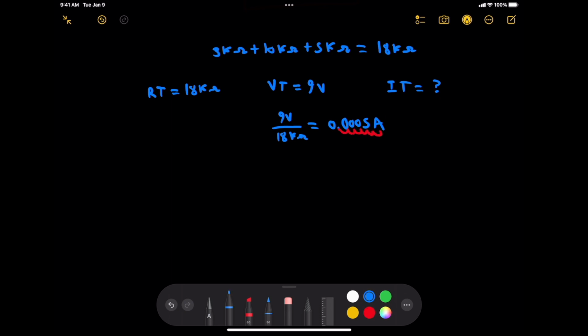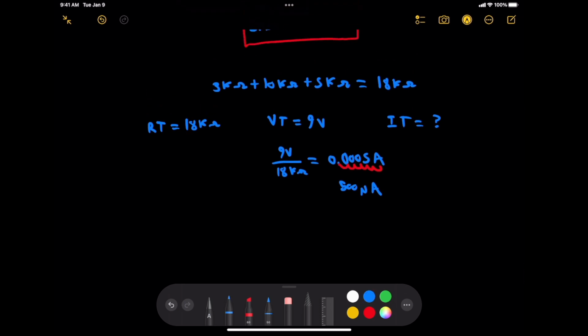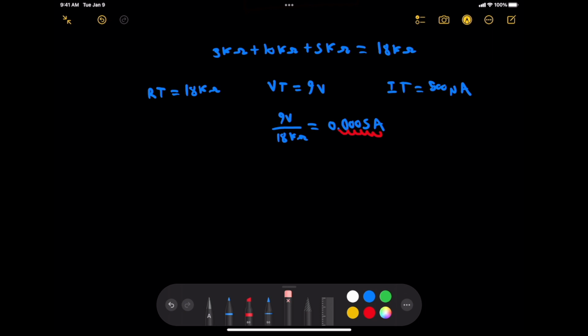It's going to be equal to 500 microamps. Okay. So that's going to be our current total. And because it's in series, each resistor is going to get the same amount of current. So we know that our IT is going to be 500 microamps.